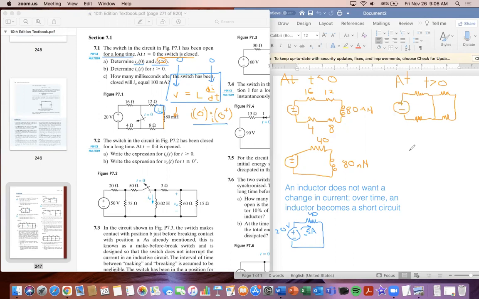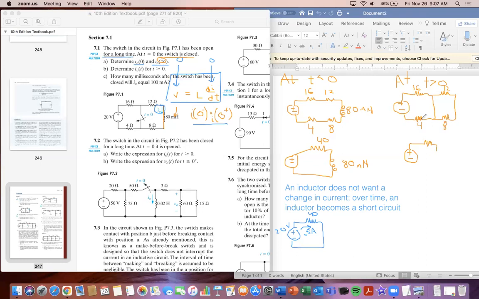And so I'm just going to recombine these to make it a little simpler for us. And so we're going to have the one circuit here. And then we have our 16 ohm, we have our 12 ohm, we have our 8 ohm, and we have the 4 ohm.